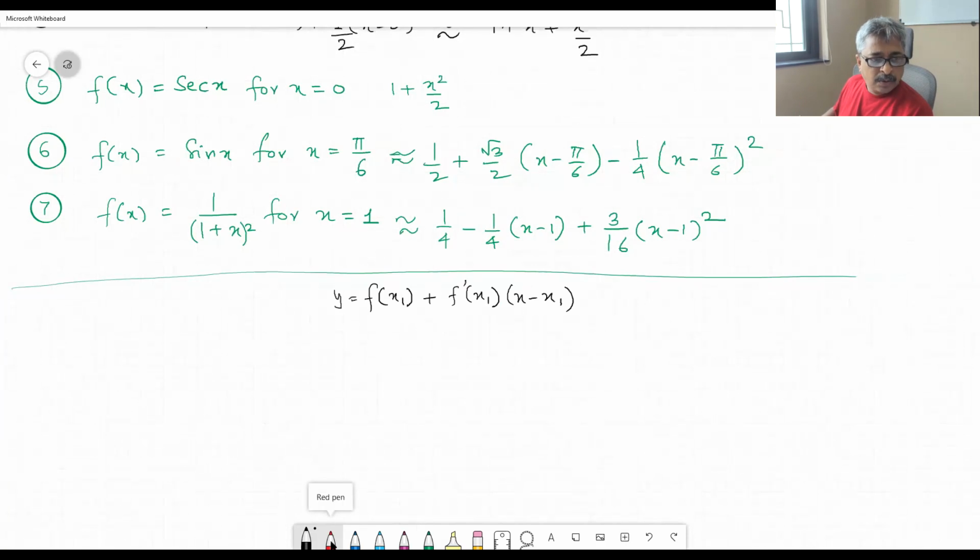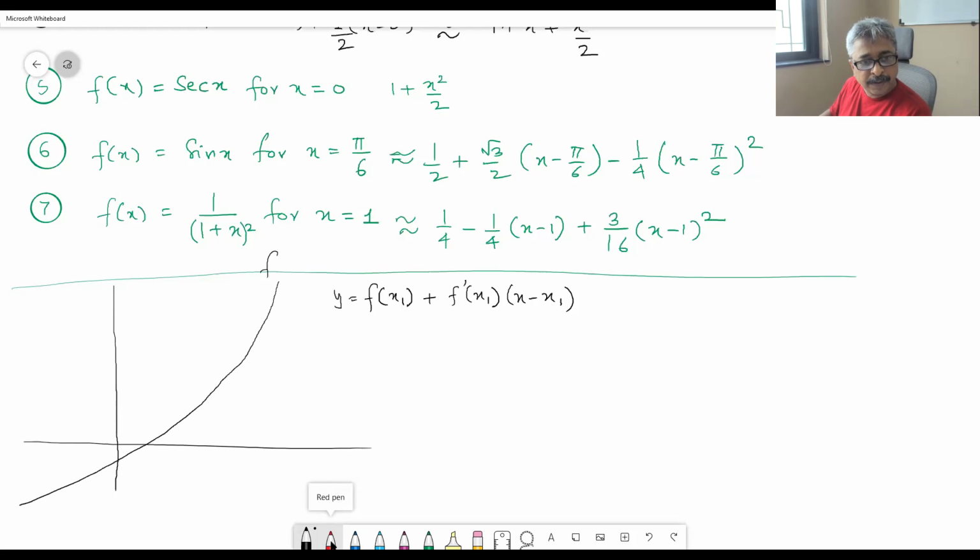Now, what Mr. Newton is saying is that if you have got a curve like this, f of x, and if you are at this point, x1, and this is your f of x1, and you are searching for this point, what is the value of x at which f of x becomes 0?